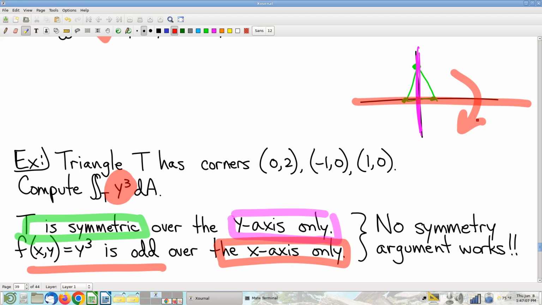So there is no symmetry argument here. This is the landmine to be watching out for. And so, any argument that you make about this integral in the direction of symmetry is worth nothing, because there is no symmetry argument to be made. So, very, very careful.